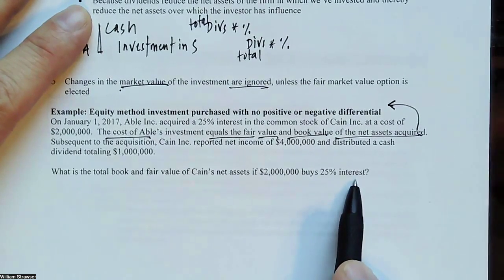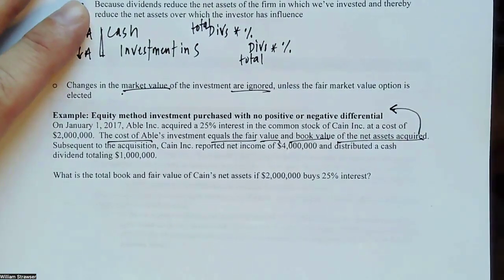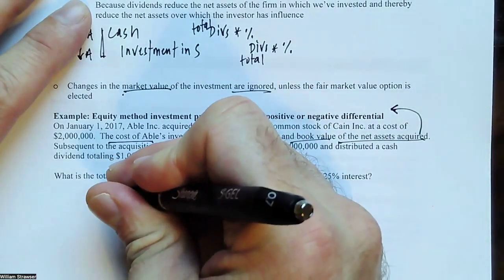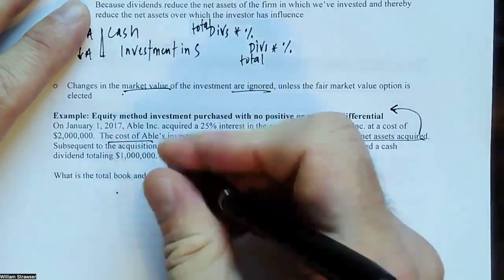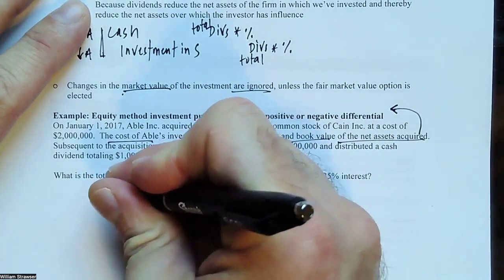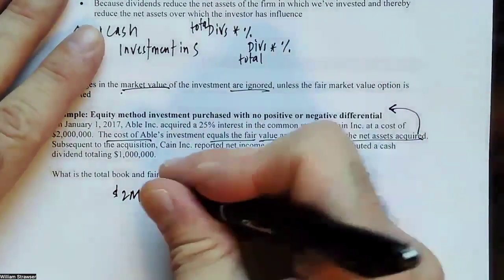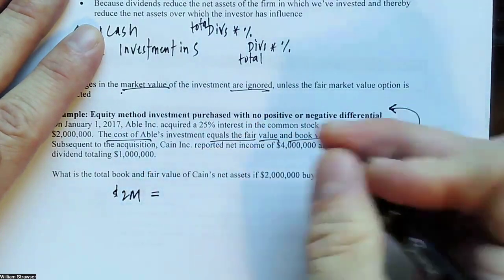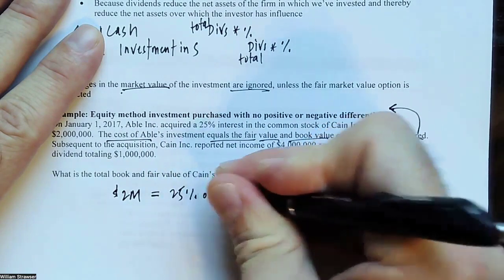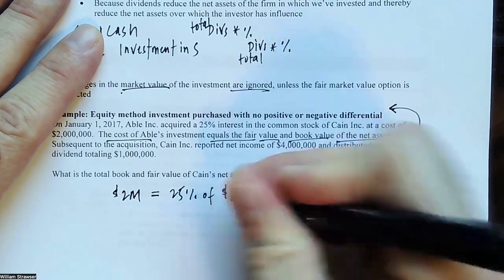buys 25% interest? So this is just a little bit of a math problem to recognize what we're dealing with here. If we pay $2 million, basically what we're asking is $2 million is 25% of what dollar amount, right?